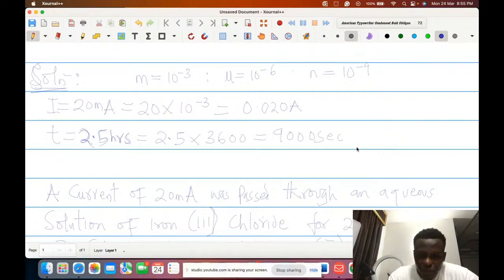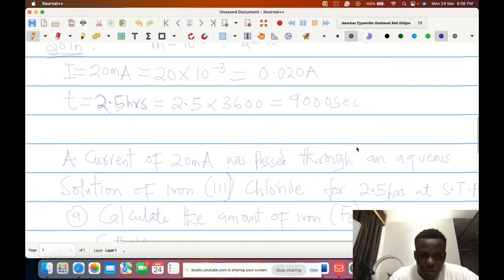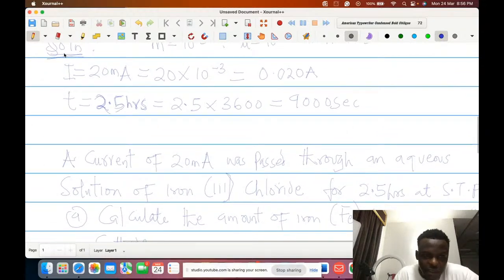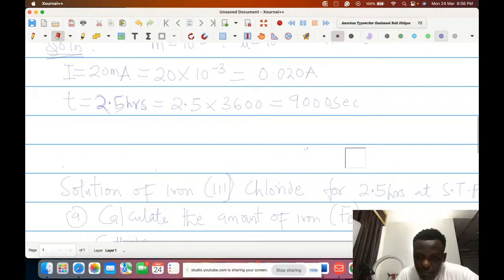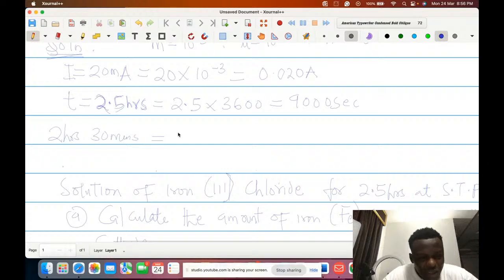Now, there's one thing I would like to explain here. So let me just erase this part. Most of the times, they can give you maybe 2 hours, 30 minutes. Imagine a case whereby the time is given to us in 2 hours, 30 minutes. How do we solve something like this? It's actually very simple. For you to get this, it's either you take the minutes to hours or you take the hours to minutes.